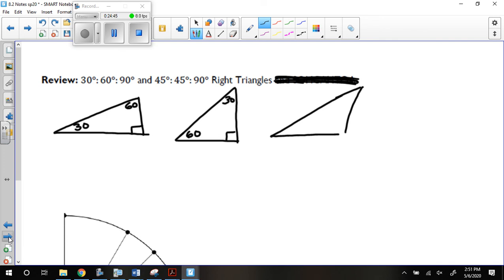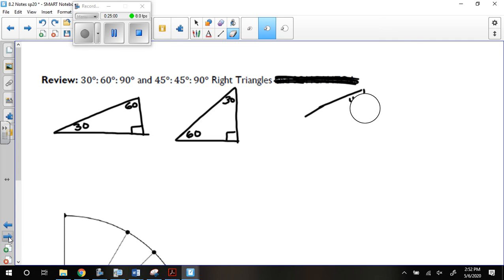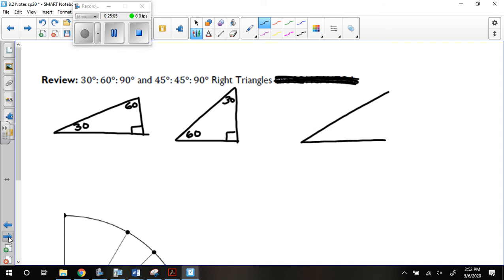No, I still can't draw a straight line, my goodness. There, sort of, okay, there we go. All right, 45 and can't. That's so terrible. Come on, Miss Underwood. That'll work. All right, 45, 45, 90. These two sides are equal on a 45, 45, 90. Okay, your special right triangles.